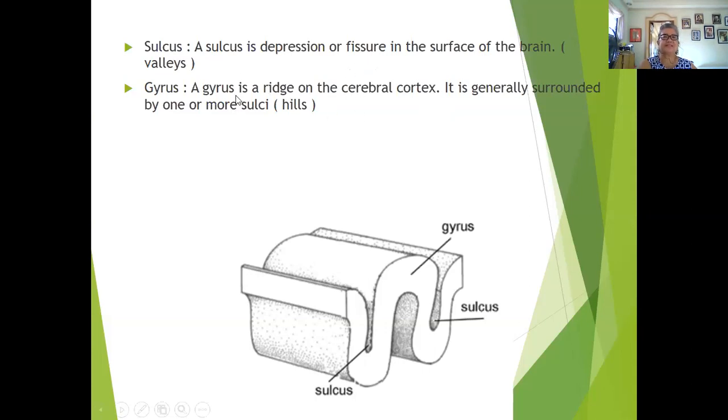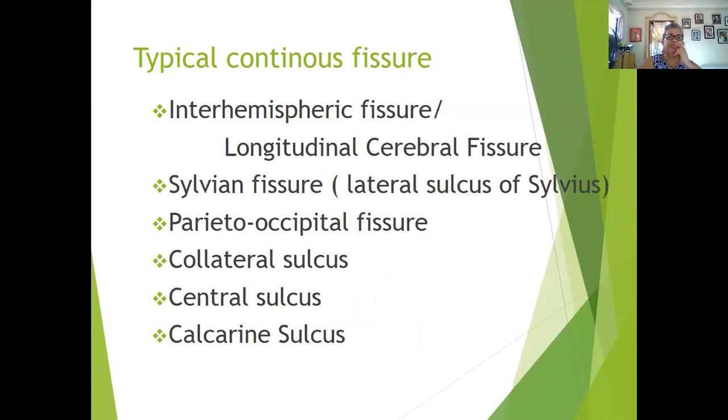This is a ridge on the cerebral cortex surface, and it is generally surrounded by one or more sulci. So you have here the gyros, and then you have the sulcus. This will cover the whole surface of the cerebral hemisphere. Now, there are different fissures and sulci on the surface of the cerebral hemisphere.